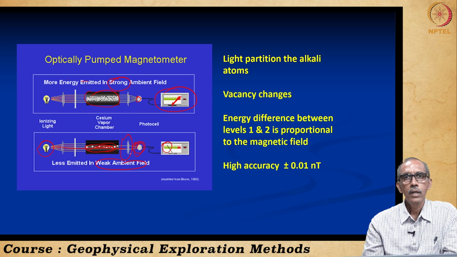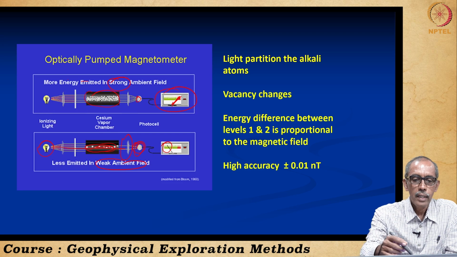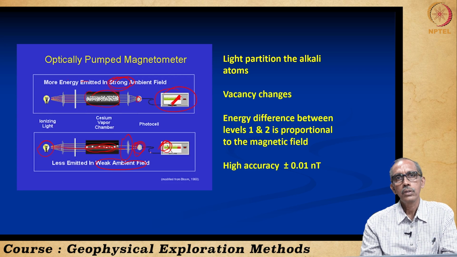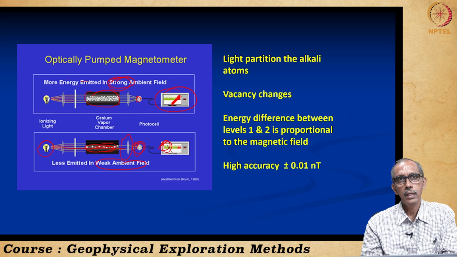So, wherever you have very high magnetic strength, the meter shows very high values. When the ambient field is very weak, it shows less value. So, this is how we make the measurement in an optically pumped magnetometer.